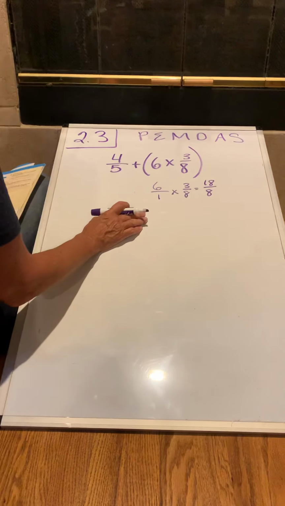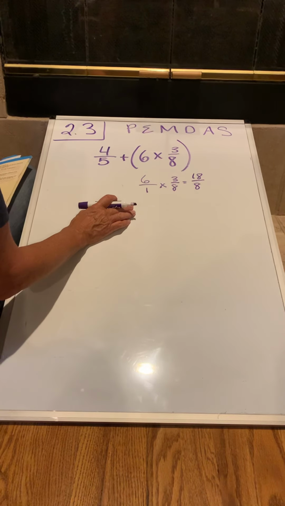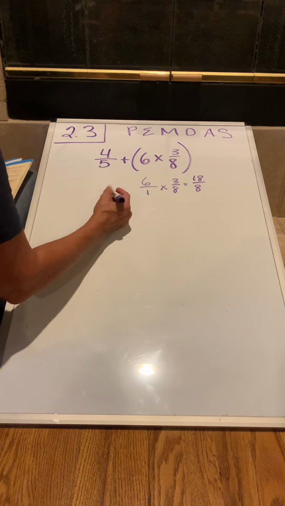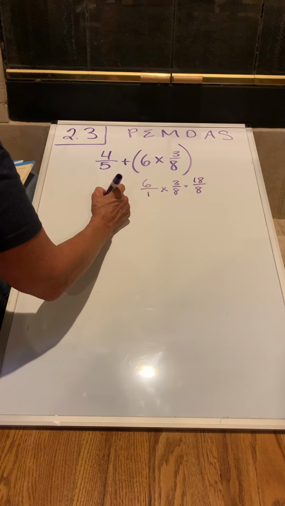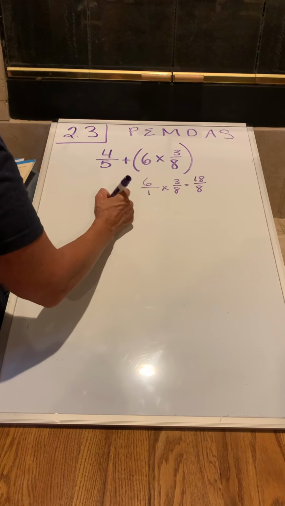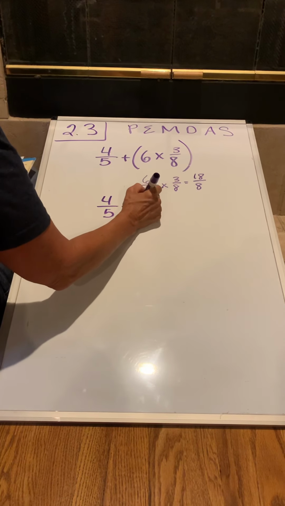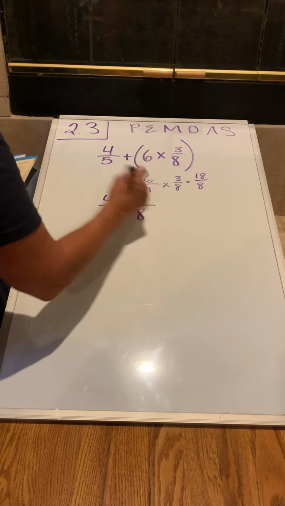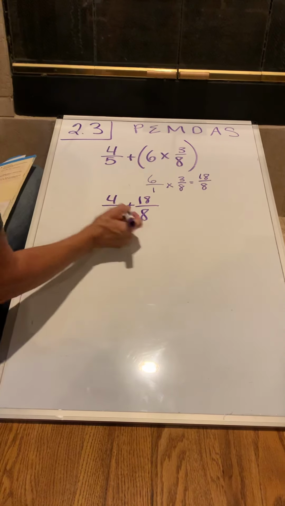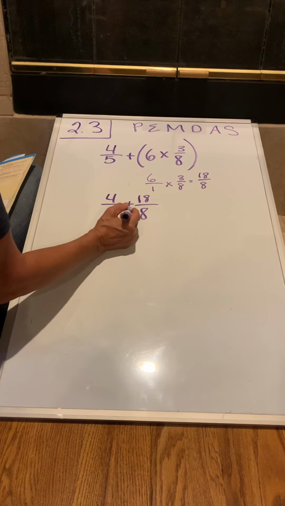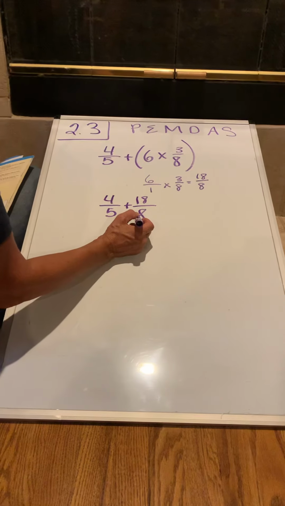18/8. Okay? Now, what you need to do is look back here, and now we have 4/5 plus 18/8. Now, since we are adding fractions, we need to come up with a common denominator.